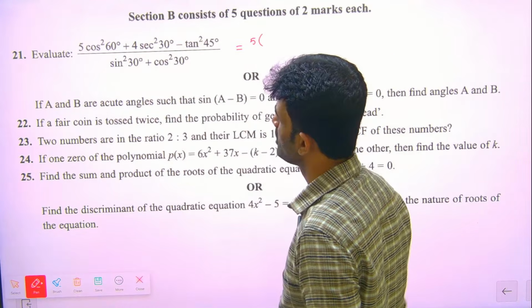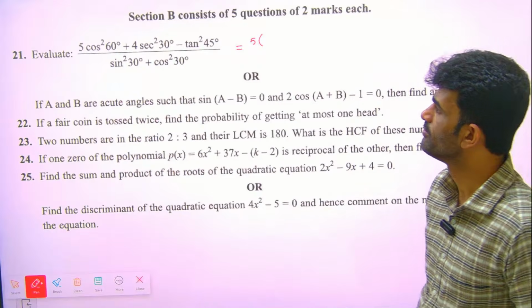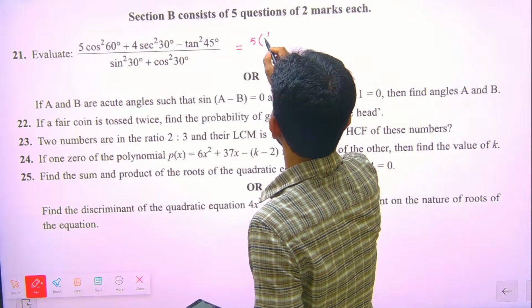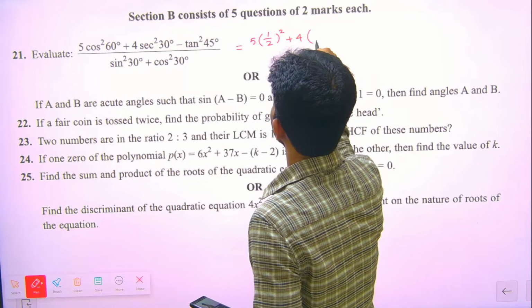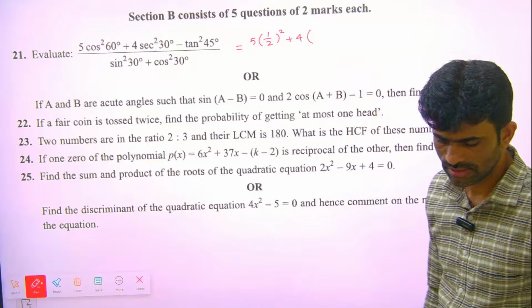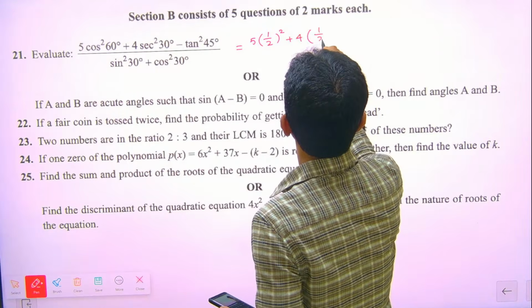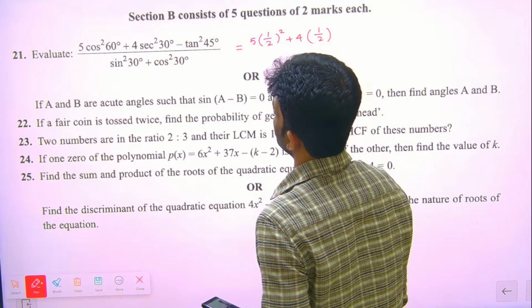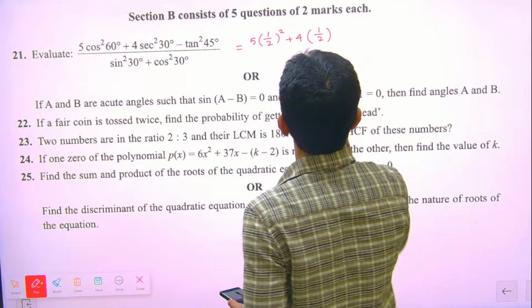5 into cos 60. Cos 60 value, do you remember? 1 by 2 whole square, plus 4 into secant 30. Secant 30 is also 1 by 2, not 1 by 2, no, it is 2 by root 3.